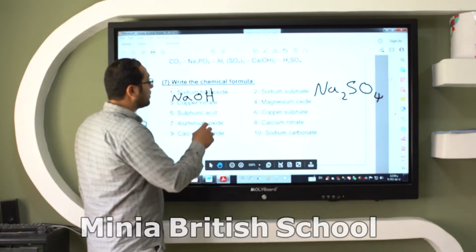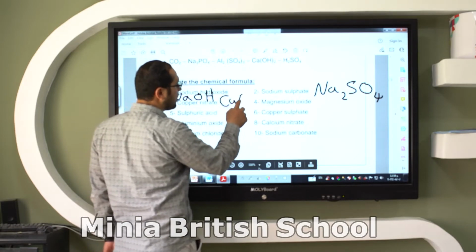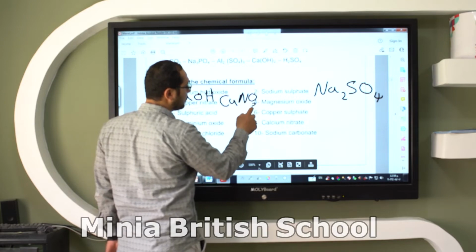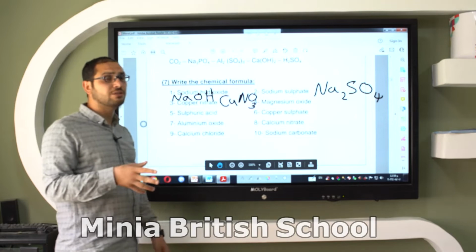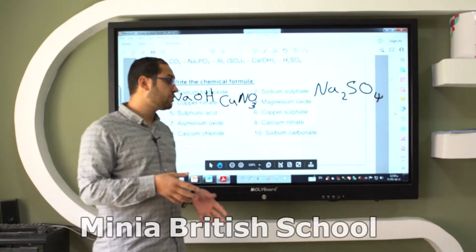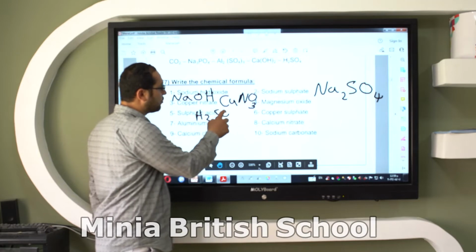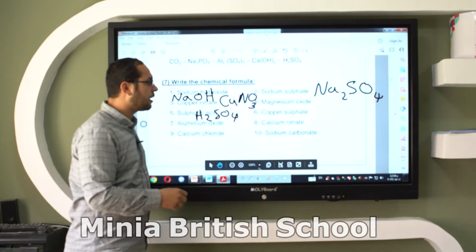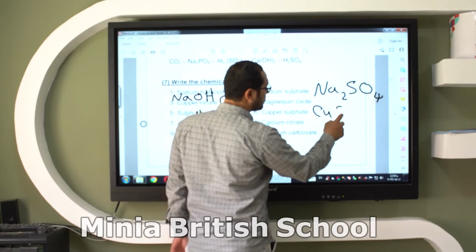Copper nitrate, CuNO3. Sulfuric acid, this is an acid, so it starts with H: H2SO4. Copper sulfate, CuSO4.